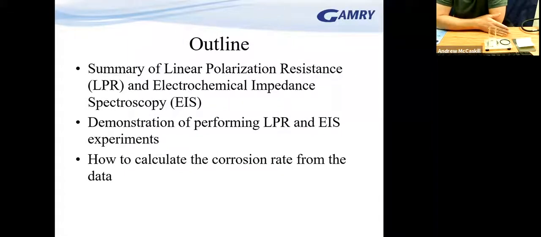So first we're going to find the polarization resistance, then we're going to find the corrosion current, I corr as we'll refer to it, and then we're going to find the corrosion rate. And we'll show you how we calculate those things.